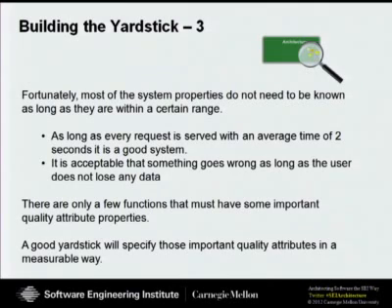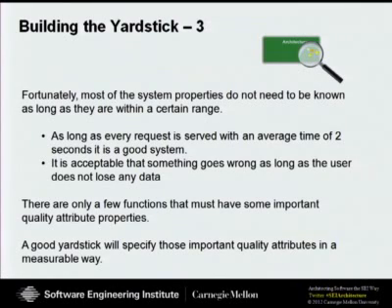Again, that cuts down a huge amount of information, which we don't have to understand. So back to our yardstick, having a yardstick that would help us to measure those unimportant quality attributes would be a waste of time. So don't even look at that. Don't even go there.